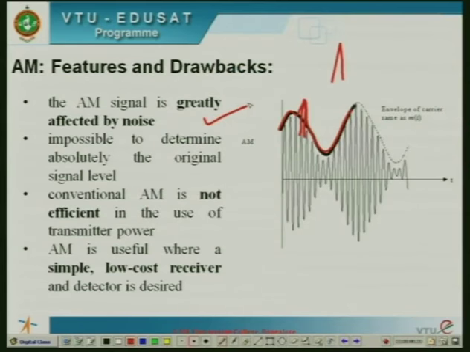Second important thing is, it is impossible to determine absolutely the original signal level. The reason is, because of this noise factor affecting here, and there may be multiple noise factors, we may not know which is the actual signal. This is the actual signal, but because of noise your signal may become like this.